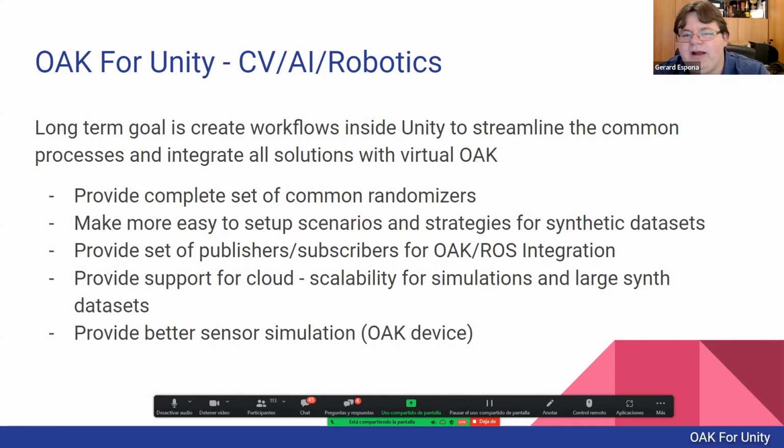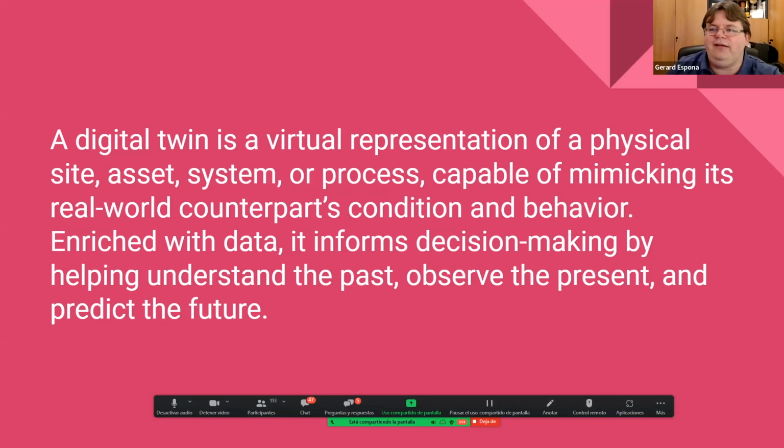So: provide a complete set of randomizers, make it easier to set up scenarios and strategies for synthetic datasets, provide a set of publishers and subscribers for OAK ROS integration, provide support for cloud so you can really scale in simulations, and provide better sensor simulation. So yeah, that's also part of the work we are doing.